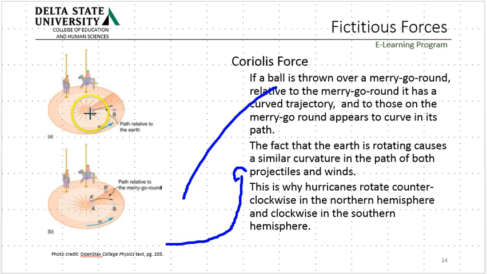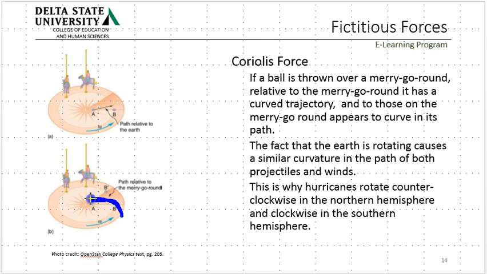Just like here, if I'm at this point on a merry-go-round and I throw a ball this direction, if I'm outside the merry-go-round, i.e. if I'm not in the spinning reference frame, but I'm in a still reference frame, I see the ball just go in a straight line. But if I'm on the merry-go-round and I throw the ball, I see the ball curve back against the direction the merry-go-round is rotating.